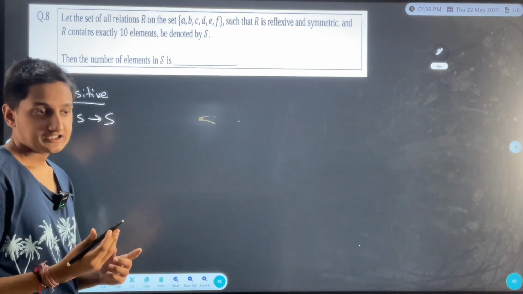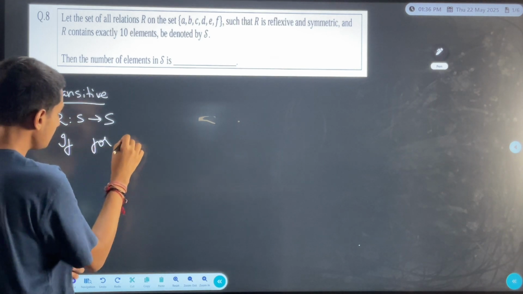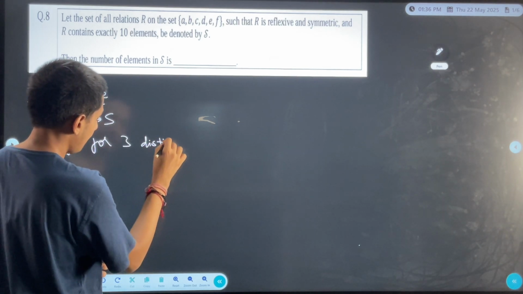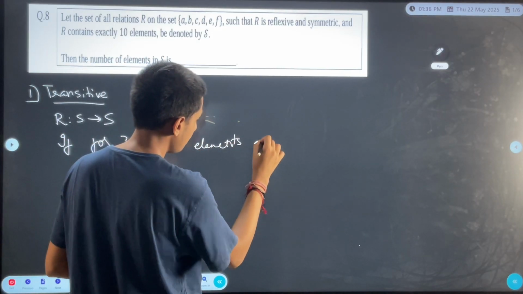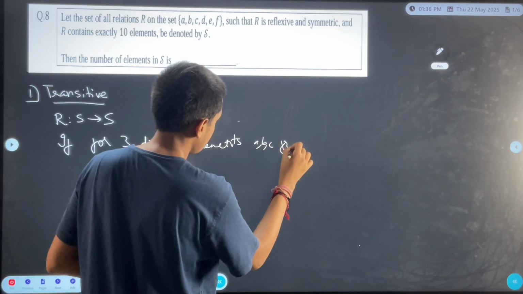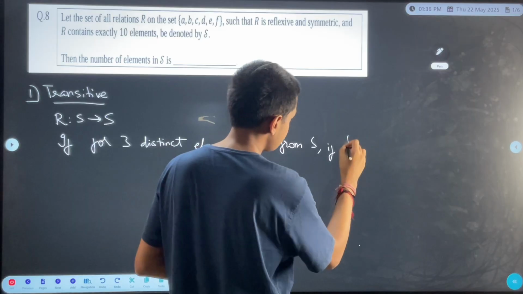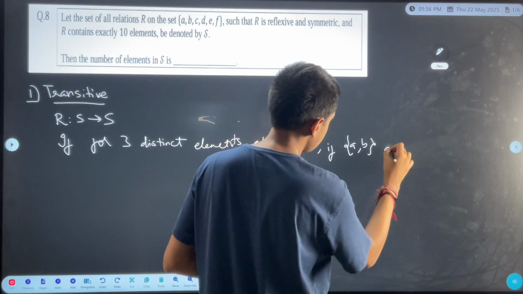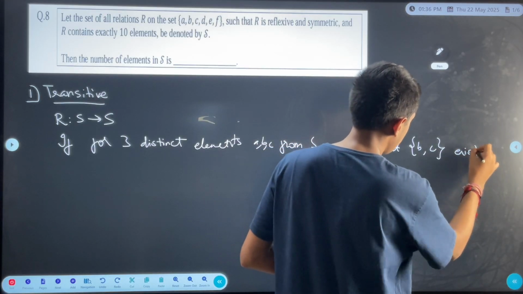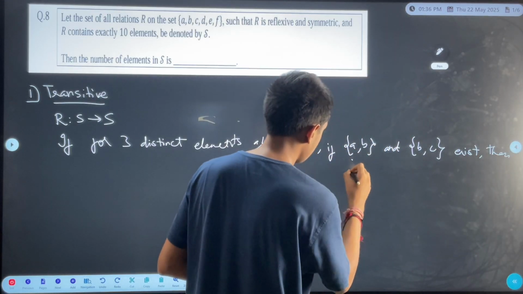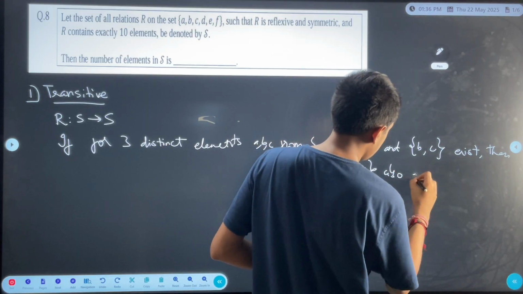A relation R is said to be transitive if for three distinct elements A, B, C from the set S, if the relation AB and the relation BC exist, then AC also exists. This is what a transitive relation is.